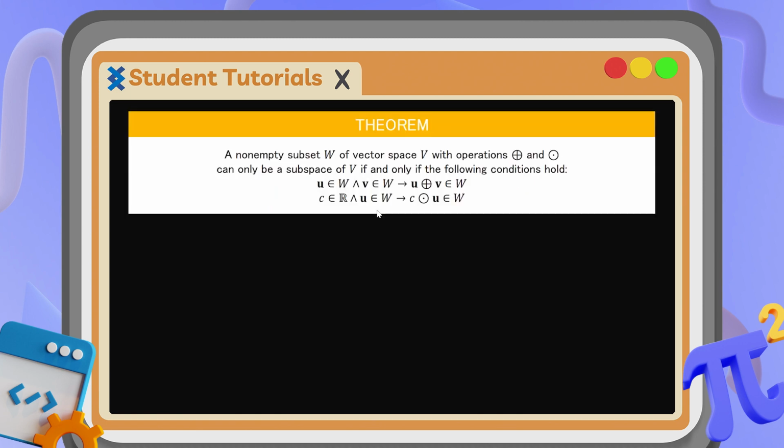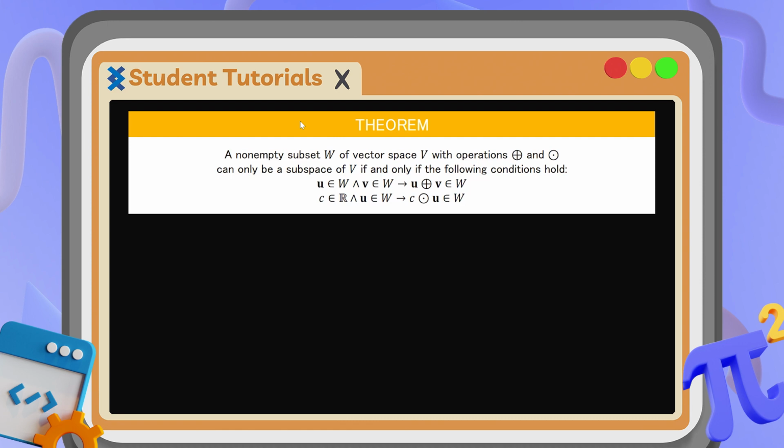One important theorem is the subspace test. Given a non-empty subset of the vector space with respect to vector addition and scalar multiplication, it can only be a subspace of V if and only if it follows the following conditions, wherein it also follows vector addition and scalar multiplication rules within the subset.